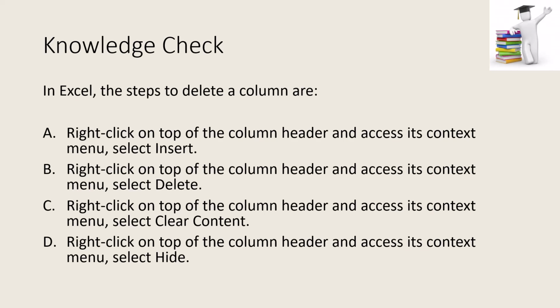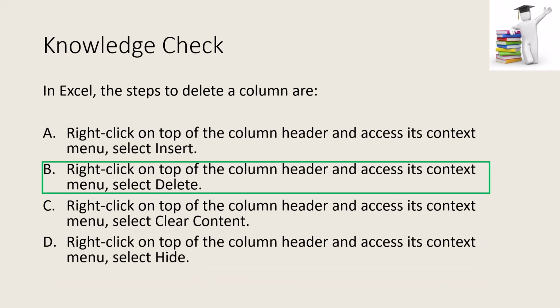Select Clear Content. D. Right-click on top of the column header and access its context menu. Select Hide. Which steps are correct? The answer is B. Right-click on top of the column header and access its context menu. Select Delete.